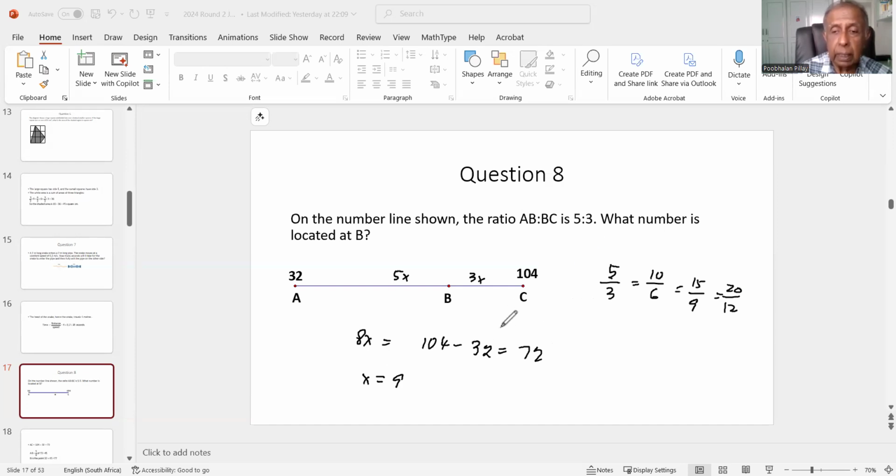So if x is 9, this will have to be 45. So that's the length. From here to here, the distance is 45. So the point B will have to be 32 plus 45, which is 77.